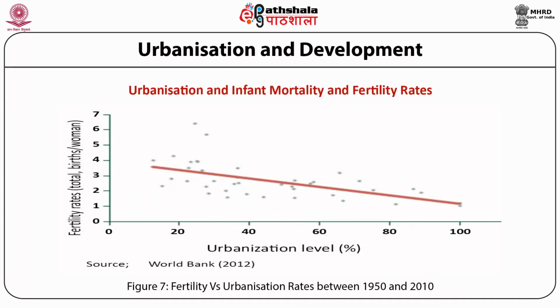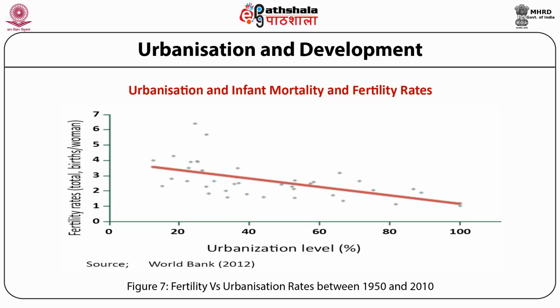Further, the urban areas are supposed to have lower growth rates of population vis-a-vis rural areas. The argument given behind these trends is that this has been possible due to increase in health facilities and increased work participation rate among women, due to which they tend to have lower family size.